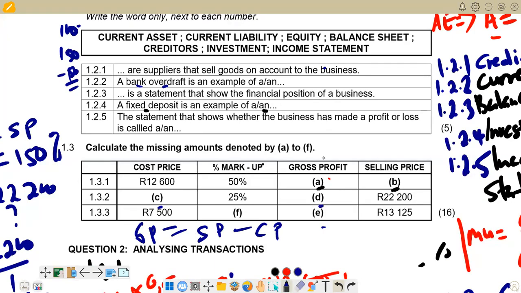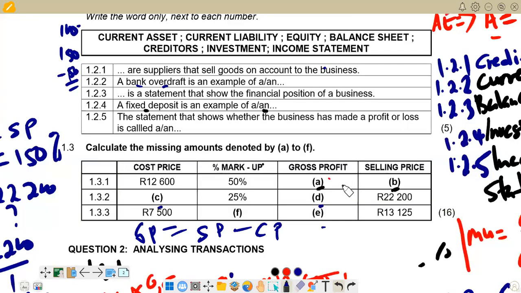So for 1.3.3, we are just saying our selling price minus our cost price. If you go back, you see that the selling price is 13,125 and our cost price is 7,500. So we say this one minus this one, and then we get our gross profit.